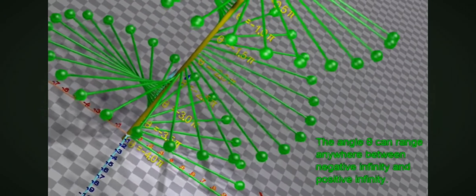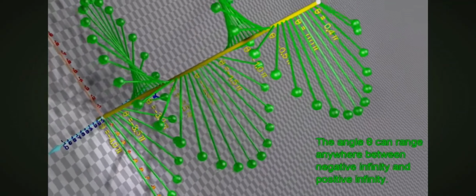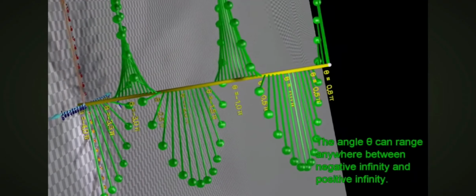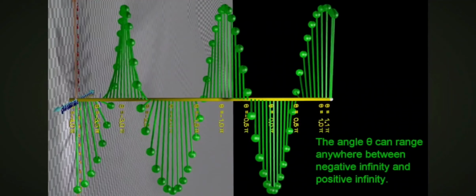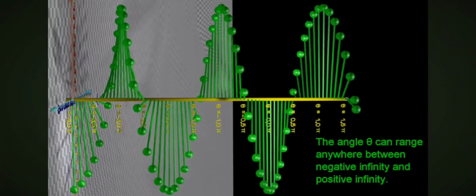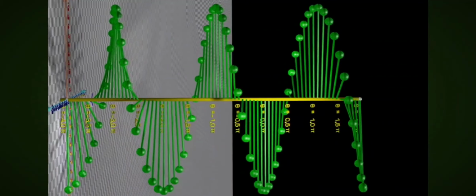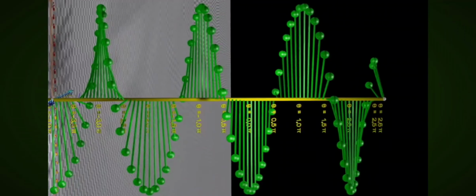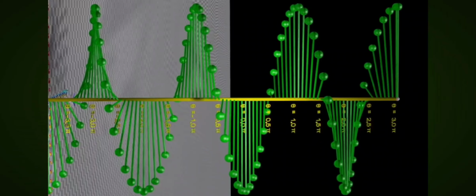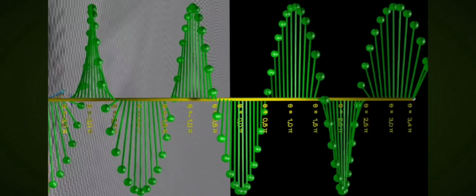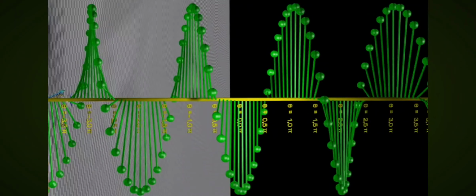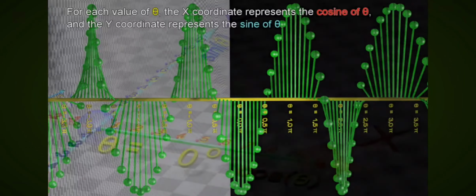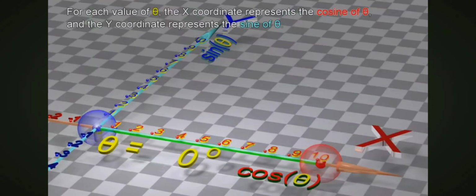The angle theta can range anywhere between negative infinity and positive infinity. For each value of theta, the x-coordinate represents the cosine of theta, and the y-coordinate represents the sine of theta.